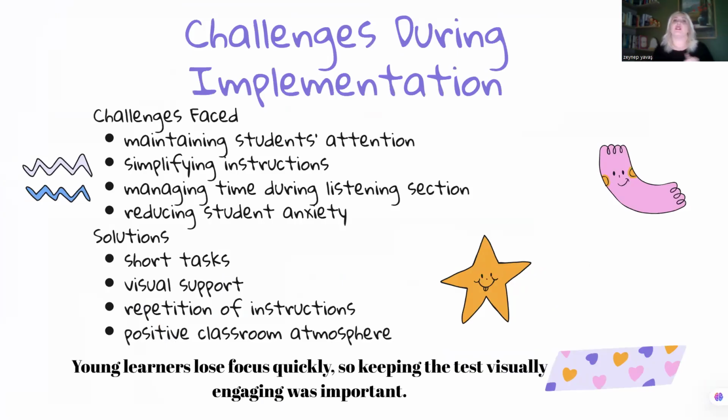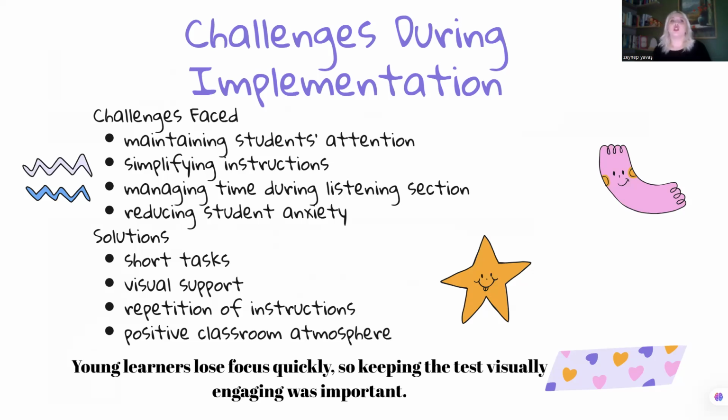And of course, there were some challenges in my implementation. For example, maintaining students' attention, because we cannot hold their attention seamlessly, simplifying instructions, managing time during the listening section, and reducing students' anxiety. And here are some example solutions.